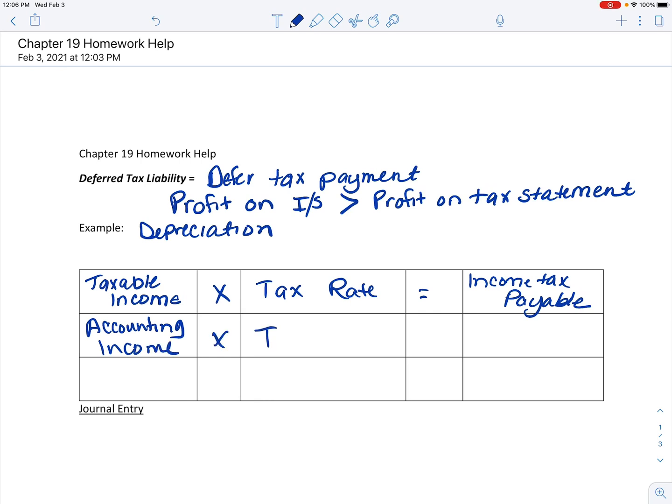We'll multiply that by our tax rate, and this is going to equal your income tax expense, or what actually shows on your income statement. The difference that this creates between these two, if there is one, sometimes there's not, but if there is a difference, that's your deferred tax liability.